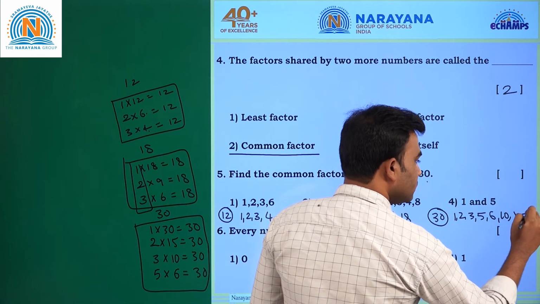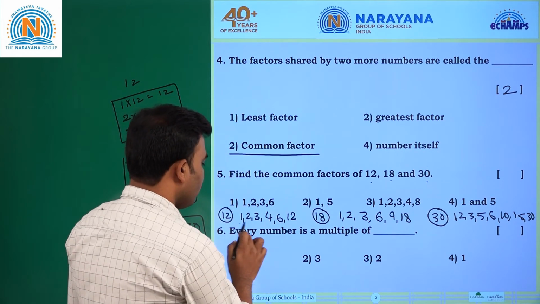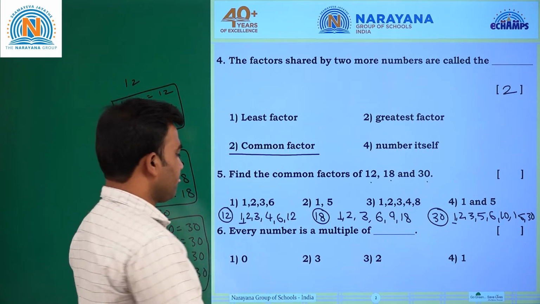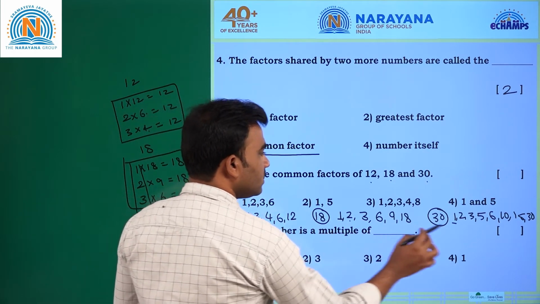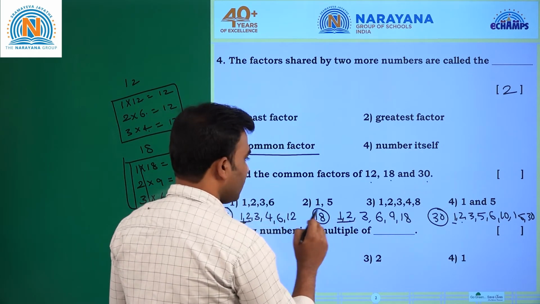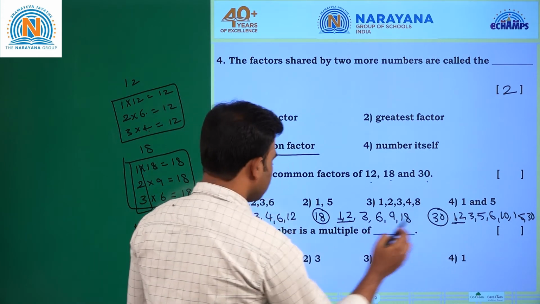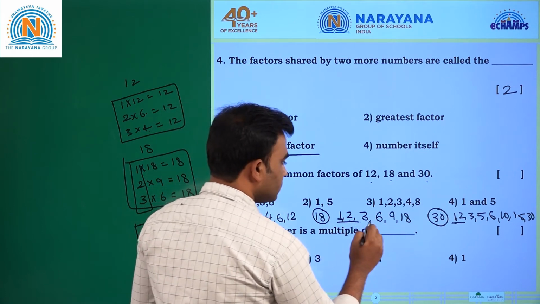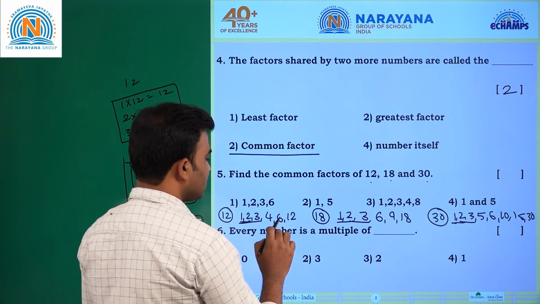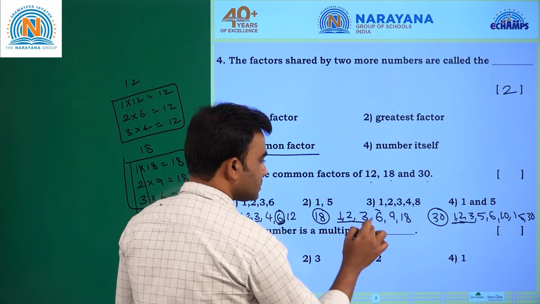In these, the common factors are, see, 1 is the common factor for every number. Okay, next 2. Yes, 2 is also a common factor for 12, 18 and 30. Next 3. 3 is also there in all. 1, 2, 3, and 4 is not a common factor. 6, yes, 6 is also a common factor.